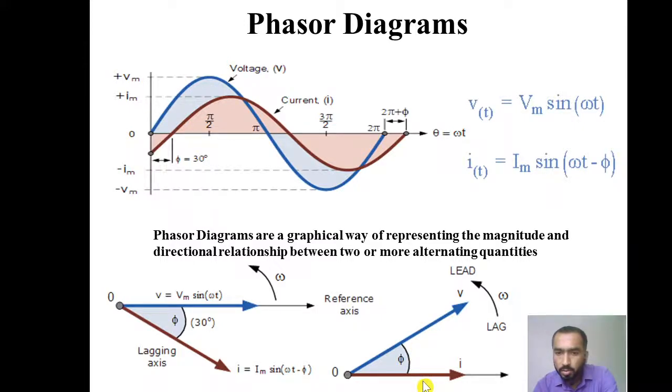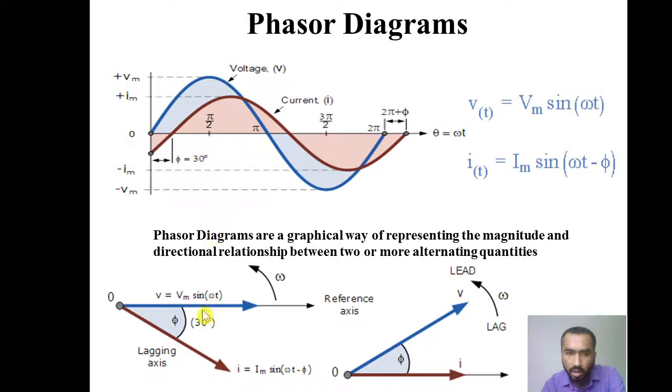Okay, one more time I will repeat how you have to draw the phasor diagram. First you have to take one of the two signals as a reference. Then draw it on the reference axis and see whether the remaining signal is leading or lagging. From here the current is lagging; we can say that current lags voltage by 30 degrees.